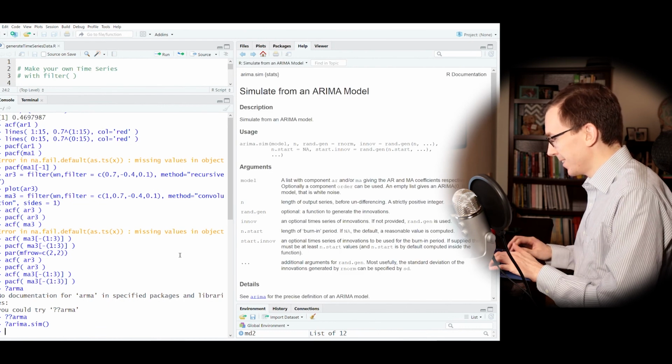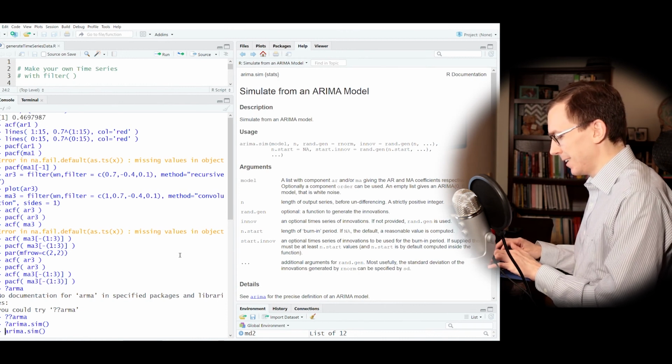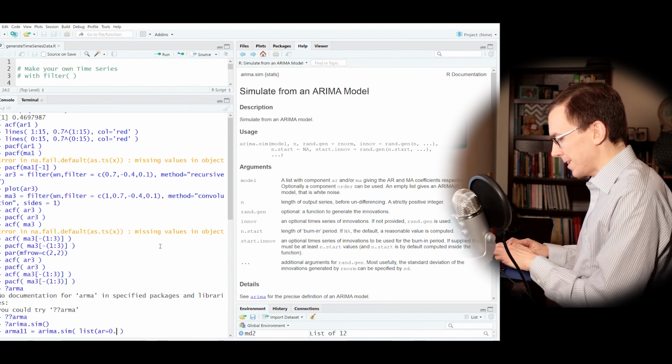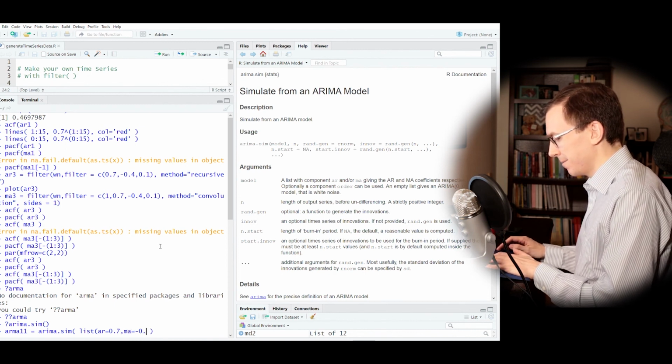So let's see if we can do this without me messing this up, since I'm doing this on the fly. We'll say ARMA11. And to generate that, I need to give it a model. The model is actually going to be a list with components AR, and AR is just going to be, let's say 0.7, and MA is going to be minus 0.5.